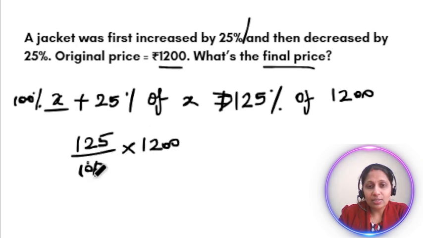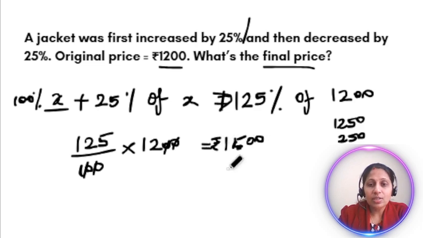So these two will get cancelled, which gives you 10 times, 1250, plus 2 times gives you 250. So when you add them up, 1500. Now there is again a decrease on this value.